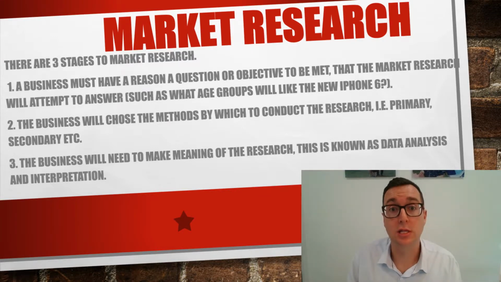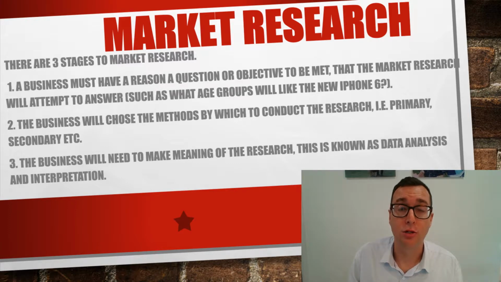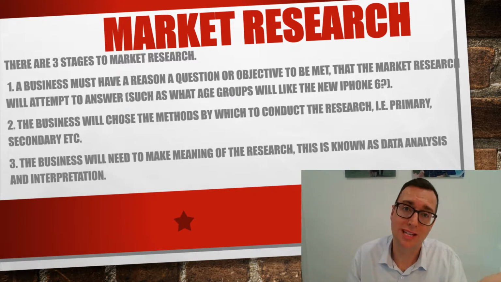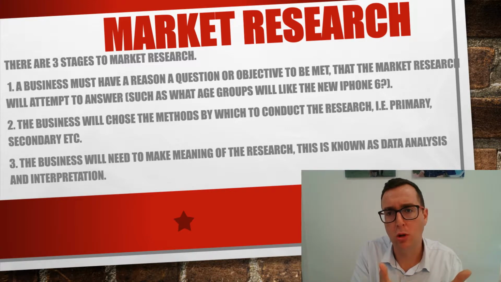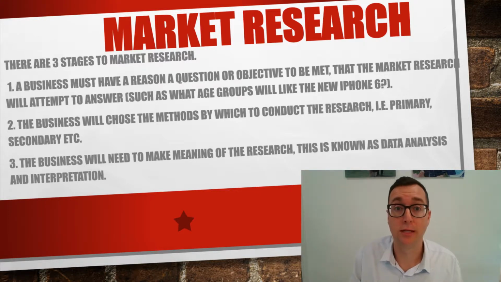So the first step in your market research is that a business must have a reason or a question or objective to be met. Then the market research will attempt to do this, such as what age groups would like the newest iPhone that Apple's going to create.